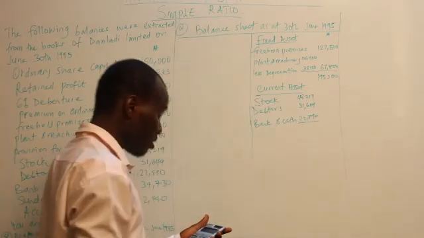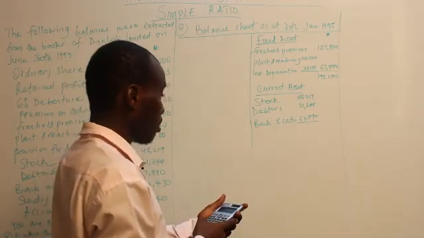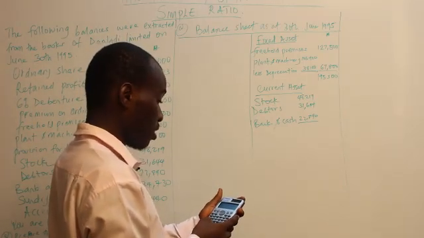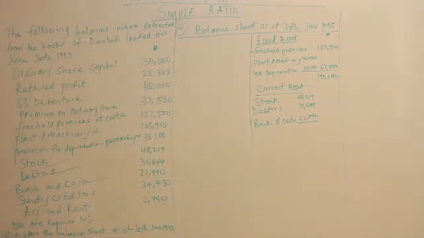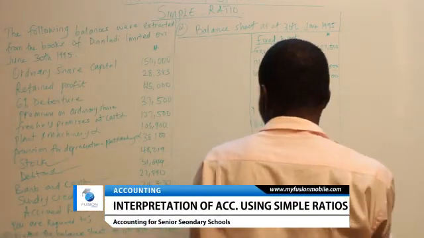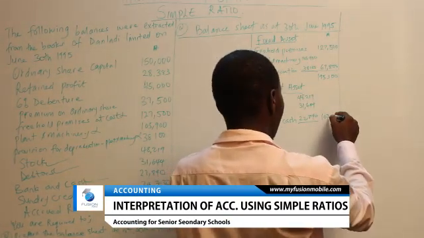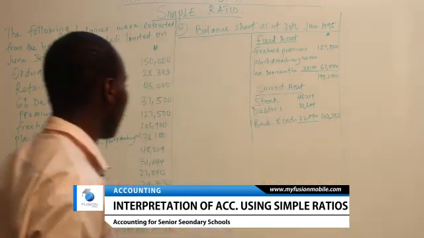So the addition of everything, 48,219 plus 31,644 plus 22,890, gives us 102,753.